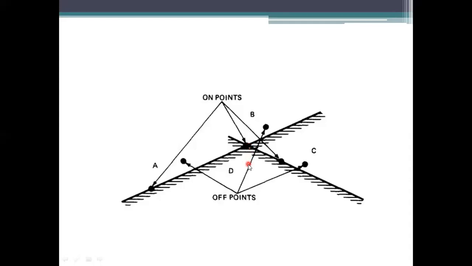Off points and on points: how I am going to specify here is, we need to know in which way they have the data flow. In which way they are accessing the data, we should know. This is the way of accessing the data, which is the downside of that one. And here also we are using the downside of that one.